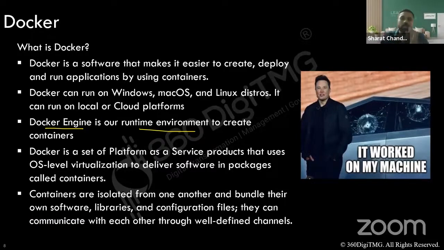So it initiates your application containers. These application containers run as if they are supporting the services on any server. Okay, so the Docker engine is responsible for giving us the runtime environment. And it's basically a software, or you can say a platform, which is available as a service for various products. And what does it do? It does OS-level virtualization.